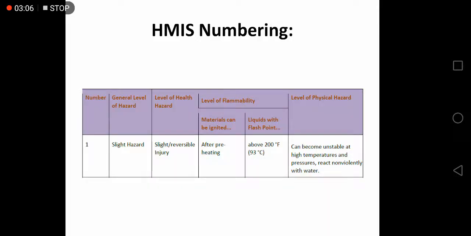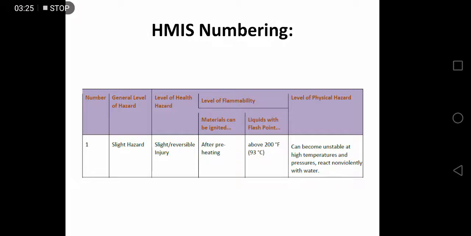Similarly, 1 represents slight hazard, meaning slight reversible injury in health hazard. After preheating, materials can be ignited, and liquids with flash point above 200 Fahrenheit.